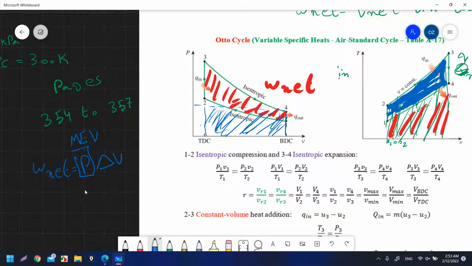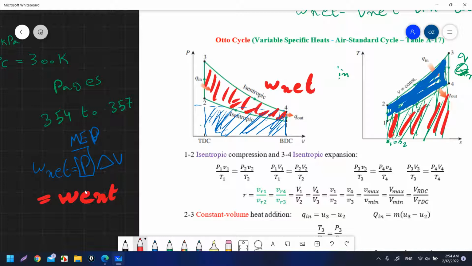If we multiply this pressure by the change in volume from BDC to TDC, we'll get a W net, which one is in blue, which is equal to the W net enclosed inside the cycle, which is this one in red. So we are looking for a pressure that will give me a work net during the change in volume equal to the enclosed work net inside the cycle.